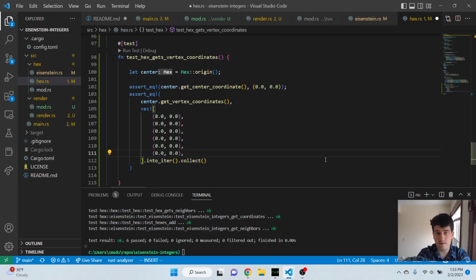It's going to be 1 0, negative 1 0, 0 1, 0 negative 1, and then 1 1 and negative 1 negative 1.